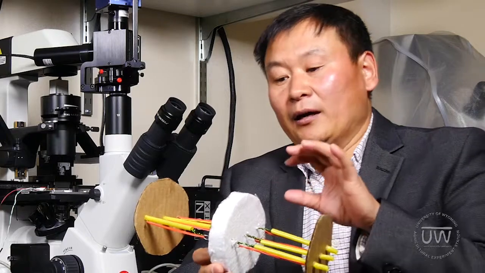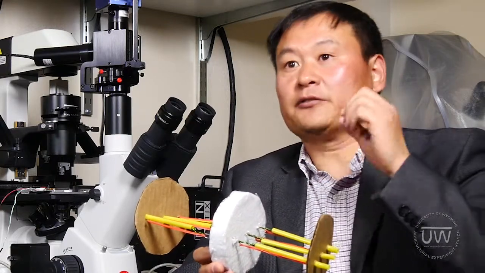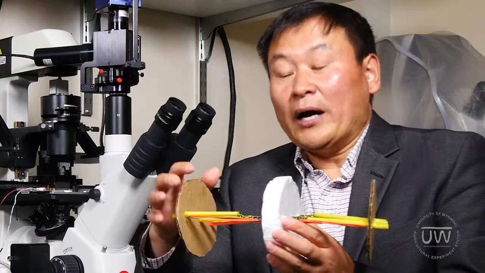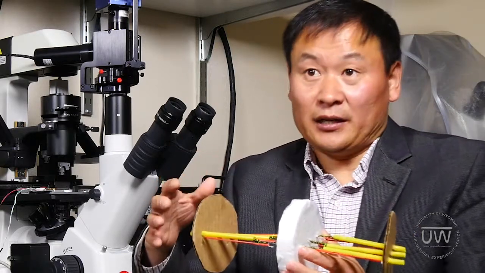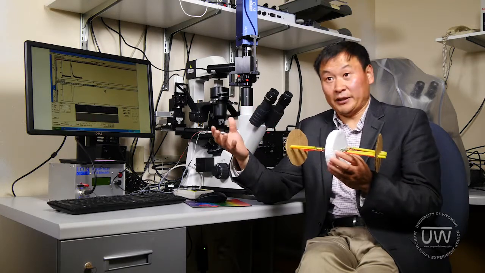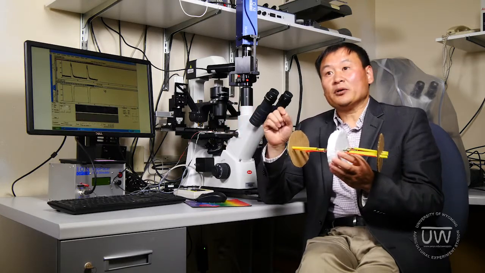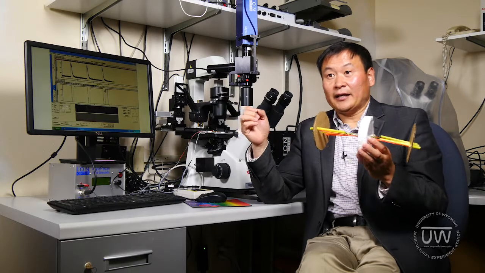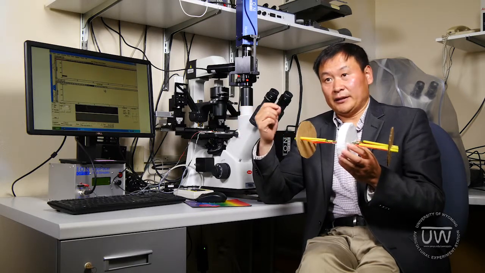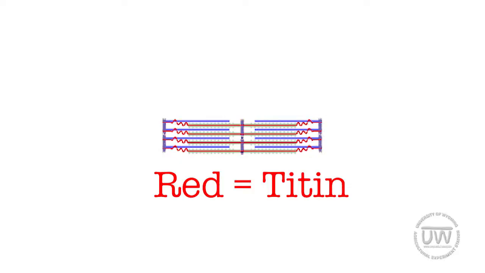Mainly our research is focused on one protein called titin. Why do we focus on this protein? Because titin is like a rubber band. It's a spring-like protein, which means it can be stretched and released. When you stretch this protein, it produces passive force.